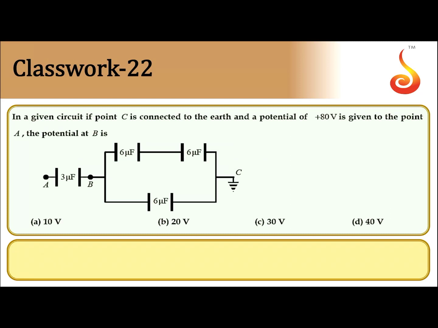Example 22. In the given circuit, if point C is connected to the earth and a potential of plus 80 volts is given to point A, the potential at point B is, okay.